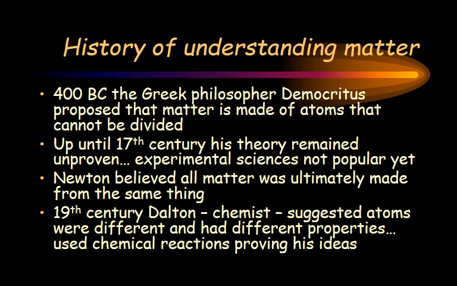And it wasn't until the 19th century that Dalton, who was a chemist, suggested that atoms were different and had different properties. He used chemical reactions proving his ideas and showing that there are different elements, different building blocks, that the atoms aren't all the same thing.